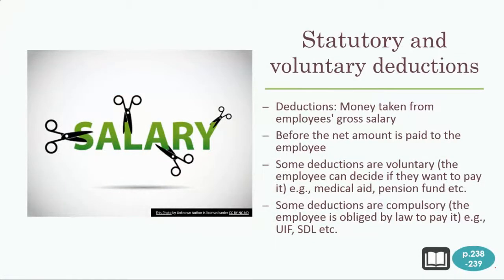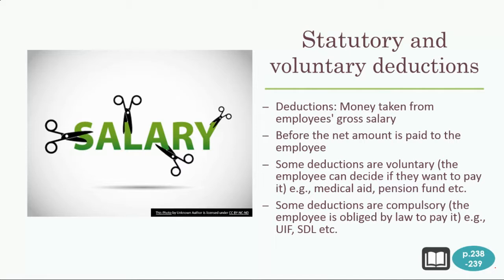When we spoke in the beginning, we said there are statutory or compulsory deductions, and then there are voluntary deductions. Statutory or compulsory deductions are deductions that you have to make whether you want to or not. That is generally your taxes, your UIF, your SDL, and your pay-as-you-earn deductions. Whereas voluntary deductions are deductions that the employee can decide if they want to make.